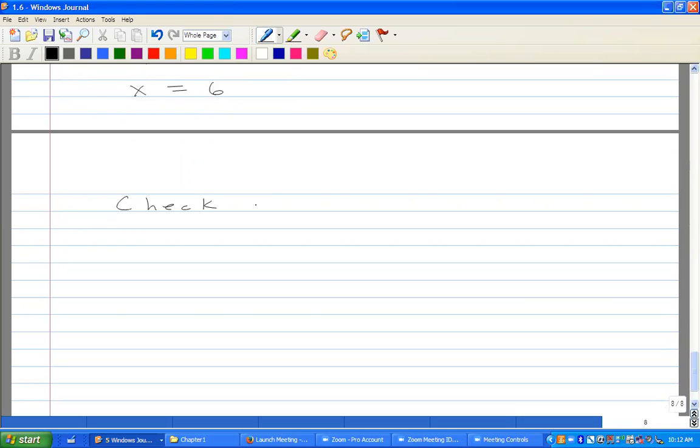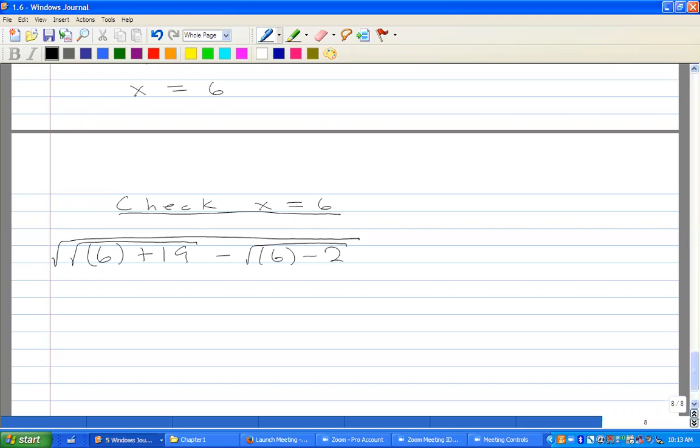So let's check x equaling 6. Let's see if it works. So I have here the square root of x plus 19 minus the square root of x minus 2, and the square root of that.